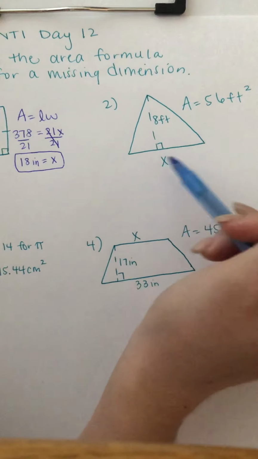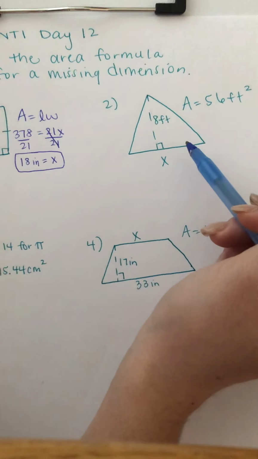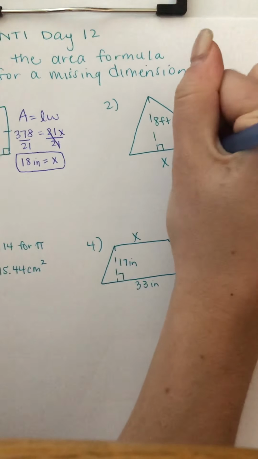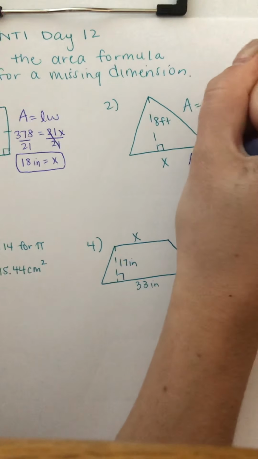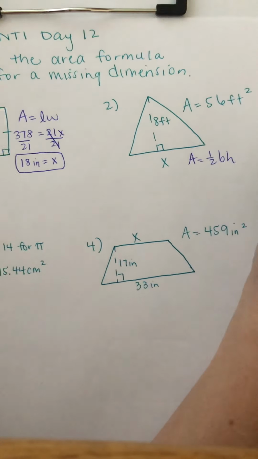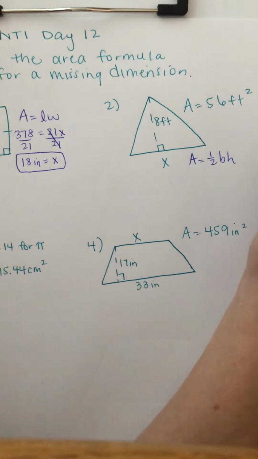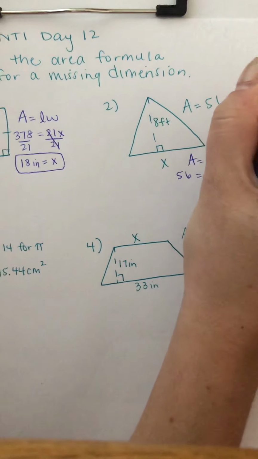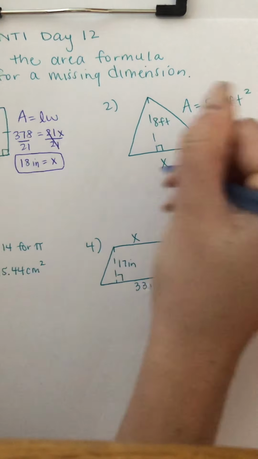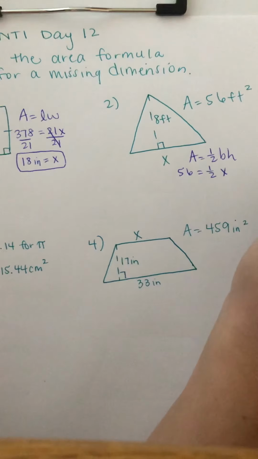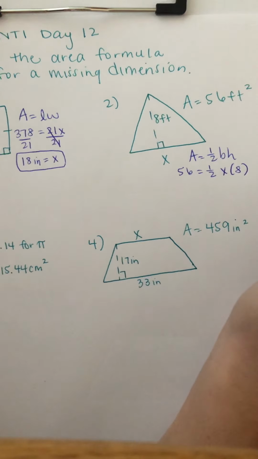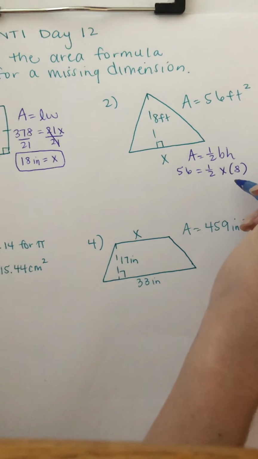So, the formula we're going to use is the formula for area of a triangle, which is A equals 1/2 base times height. And we're going to substitute what we're given. Area is 56. Equals 1/2. The base is X, so I'm going to go ahead and put X in. And the height is 8. That is an X. That is not a multiplication symbol.